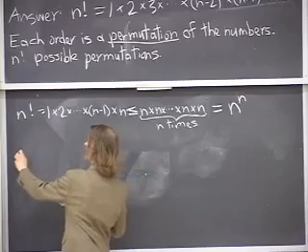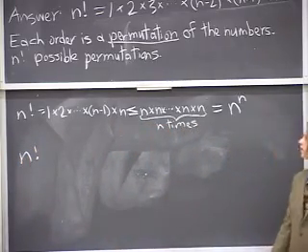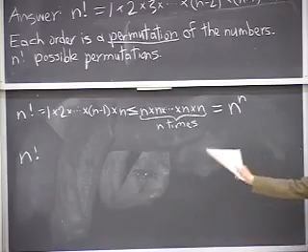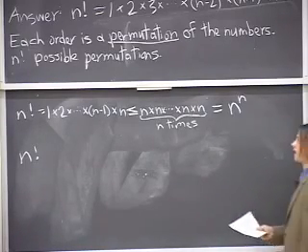Let's do a lower bound now. Lower bound is just a little bit trickier. The way I'm going to get a lower bound is I'm going to just throw away the first half of the factors. So I have n over 2 factors left.